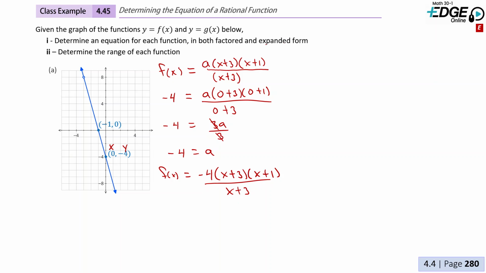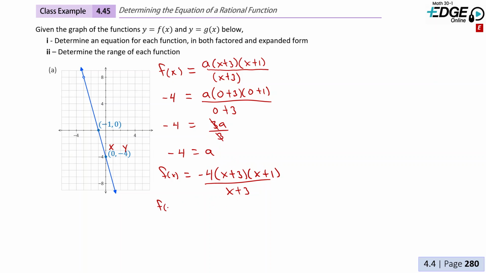Next, we want to write this in expanded form. All right, so the last few times I expanded this out, I expanded the 4 into the first bracket. This time I'm going to expand out these two factors, x plus 3 and x plus 1, and then expand the -4 into that, just to change it up.